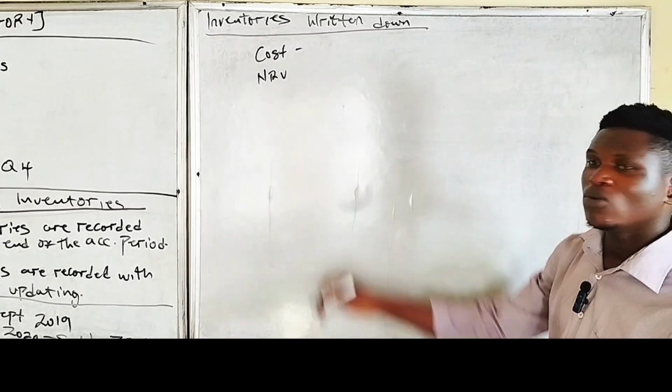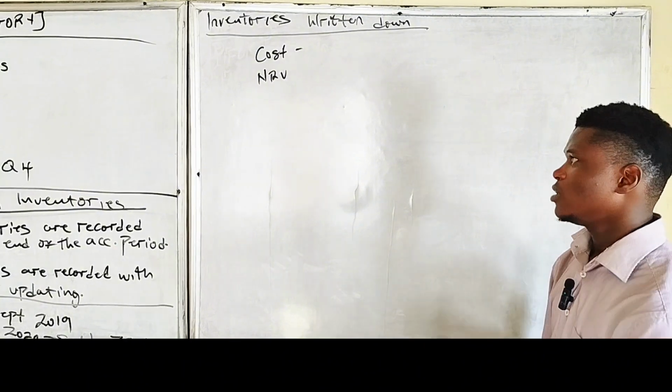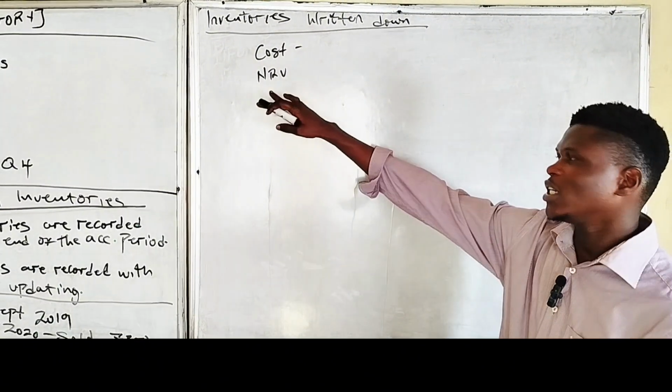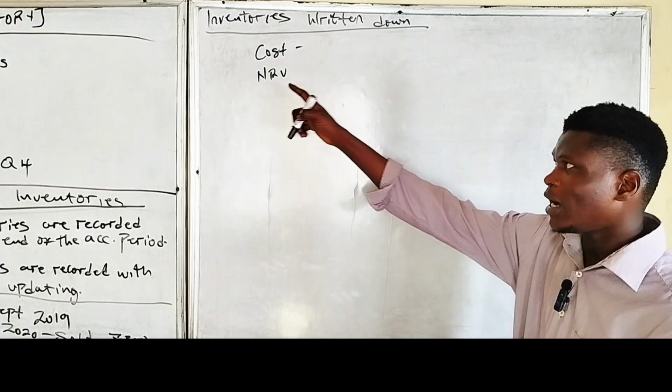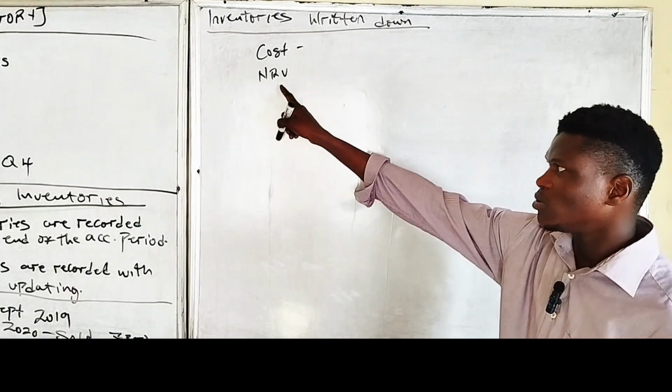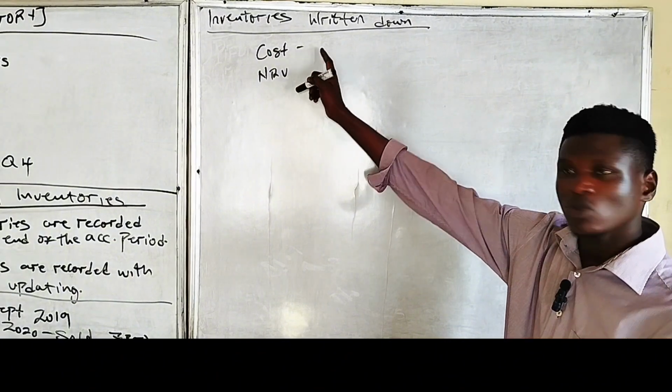And net realizable value is the net amount that can be received from the sale of an inventory. In most cases, the net realizable value should be higher than the cost of an inventory.